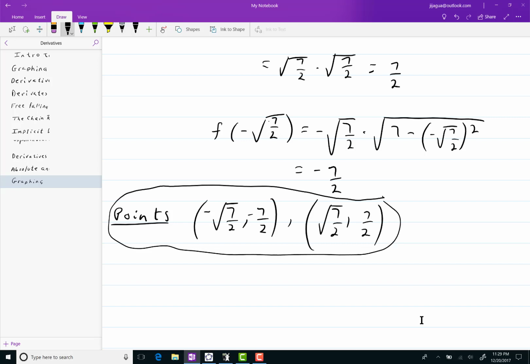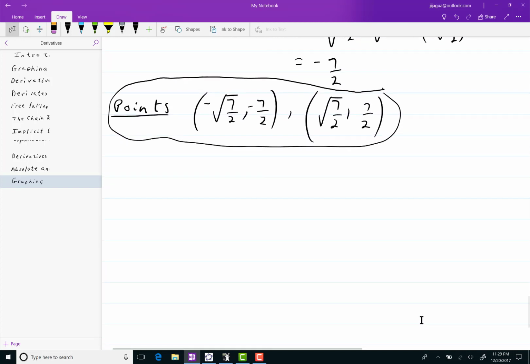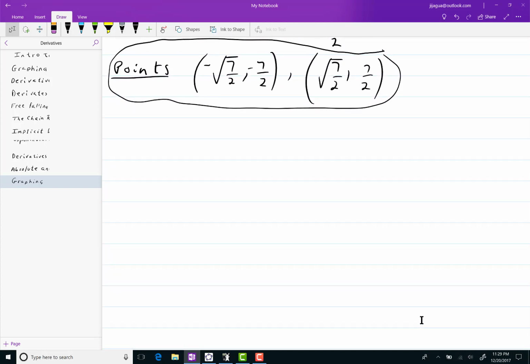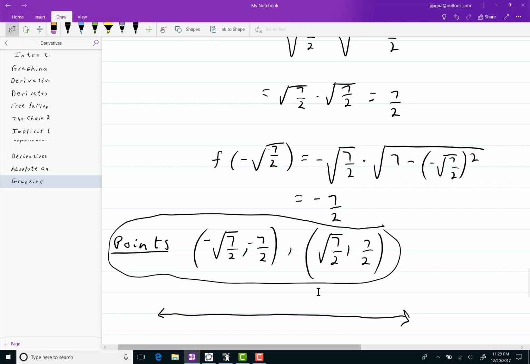And to try to determine if they're going to be maxes or mins, however way we want to look at it, let's make a number line and mark off the zeros of the derivative on that number line. Those, of course, were negative square root of 7 halves and positive square root of 7 halves.